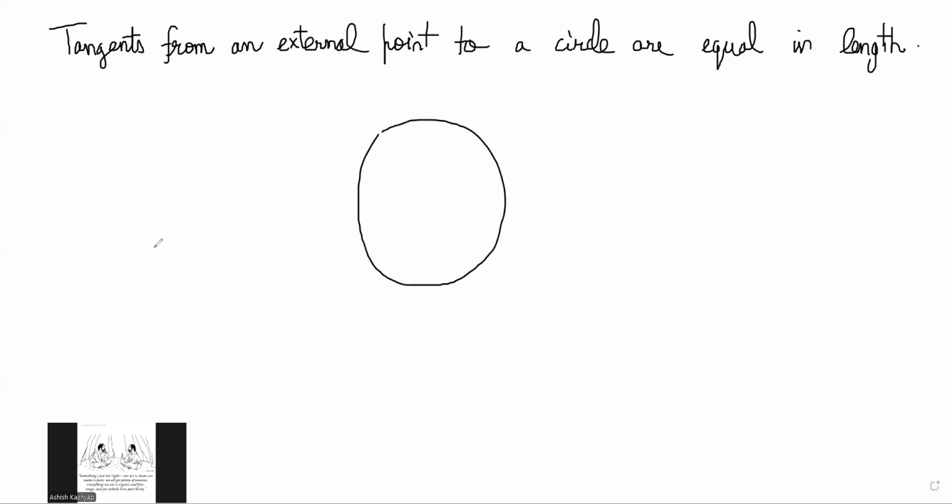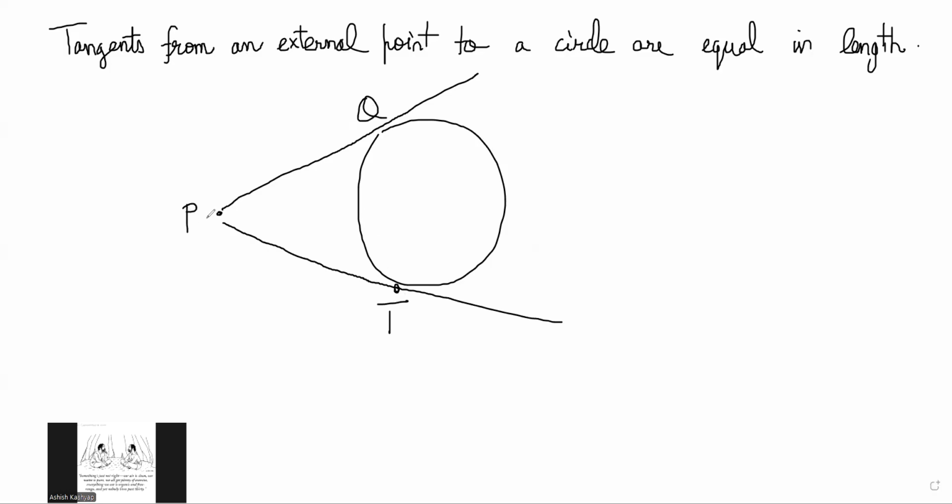Basically, it is saying that from an external point, if you draw two tangents, let's say at T and Q, from P, we can say that PQ is equal to PT in length. Obviously, because of Pythagoras theorem.